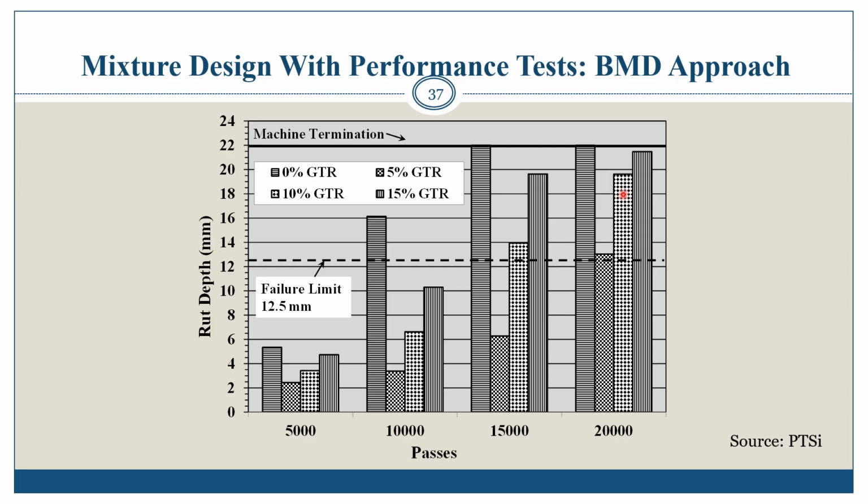What you see here is that you would expect the 15% GTR to perform the best. However, in every case, it performed really not much better than the original binder. In some cases, it performed better, but the point is that you would expect it to perform better than the 5%, better than the 10%, etc. And in this case, none of them passed the 12.5 millimeter limit.